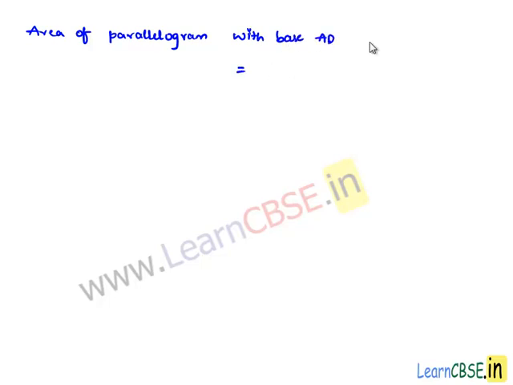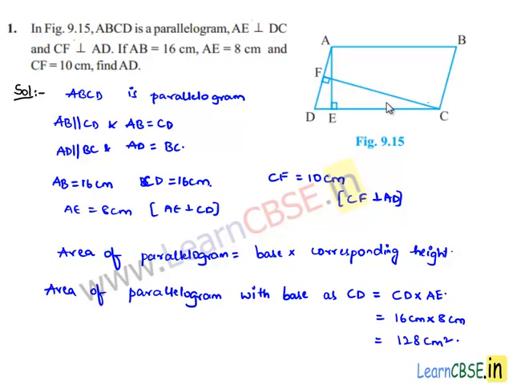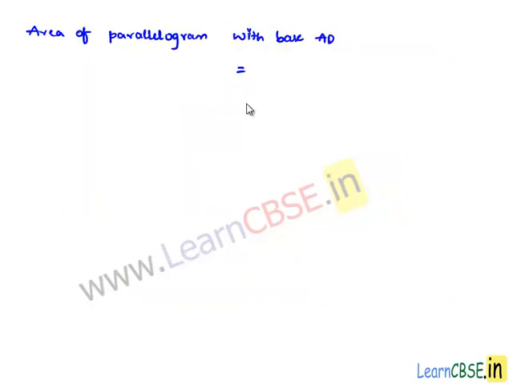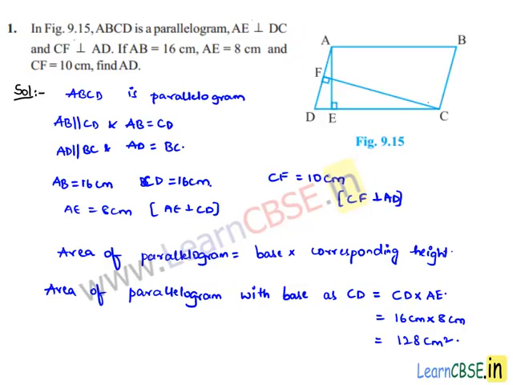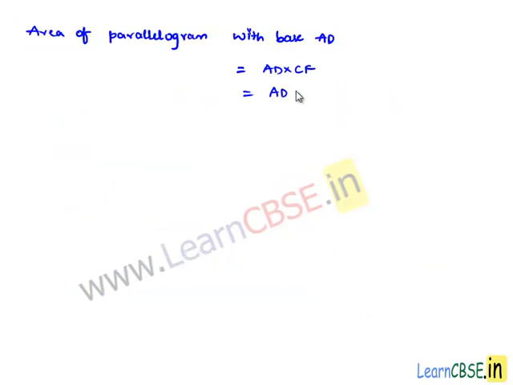That will be equal to, here the base is AD and the corresponding height is CF, that is AD, whose value we need to find, times CF, which is given as 10 centimeters.